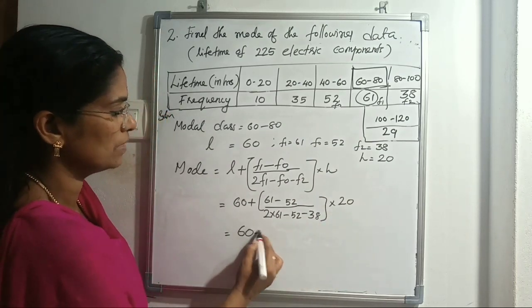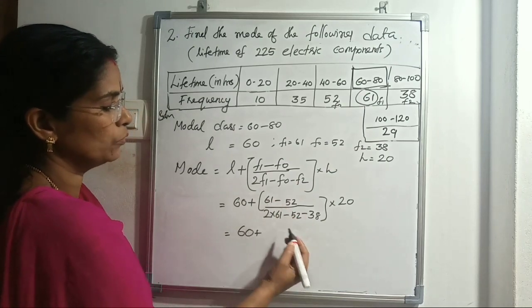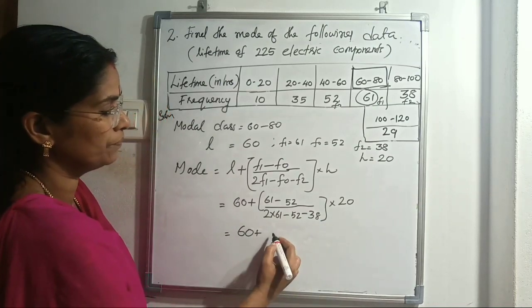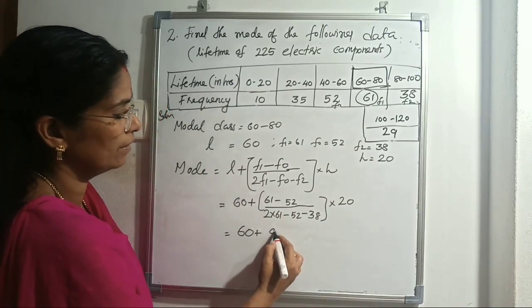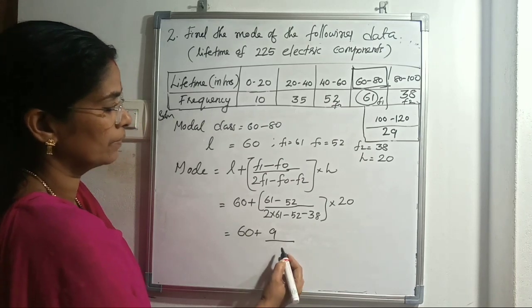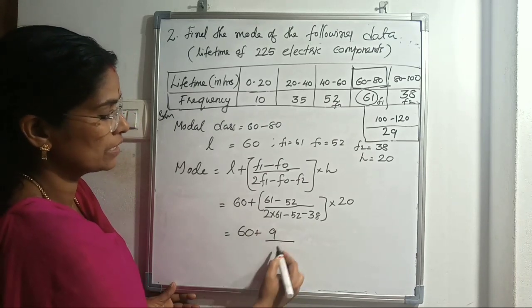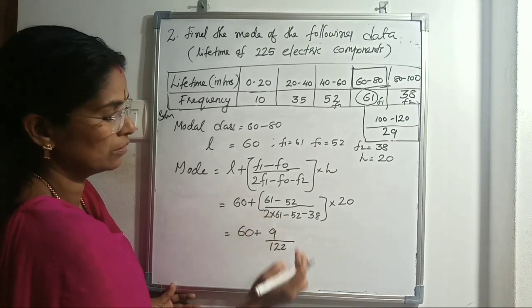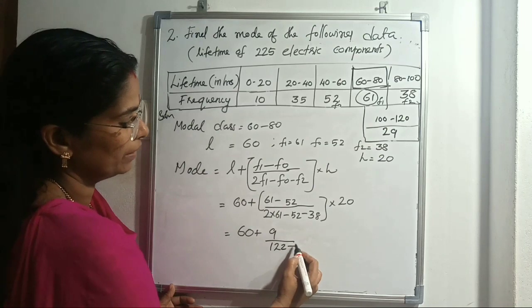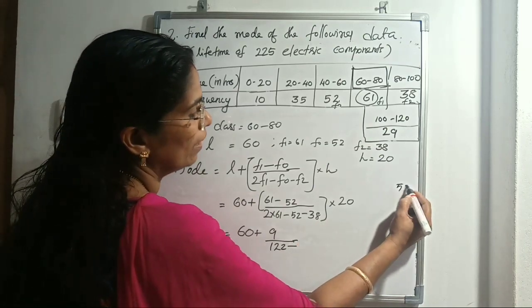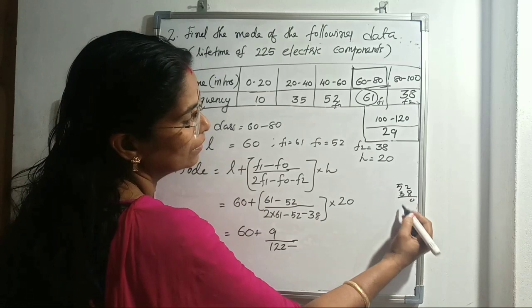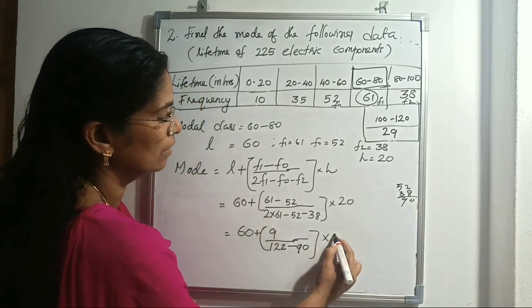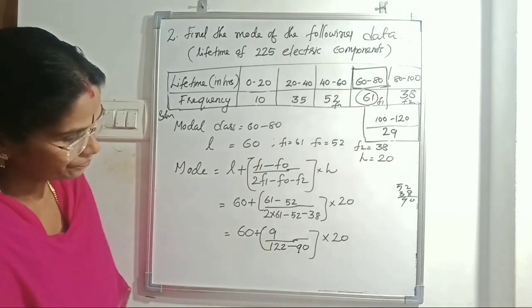That is 60 plus 61 minus 52, which is 9, divided by 2 into 61, which is 122, minus, we can add 52 and 38, that is 90, into H, which is 20.